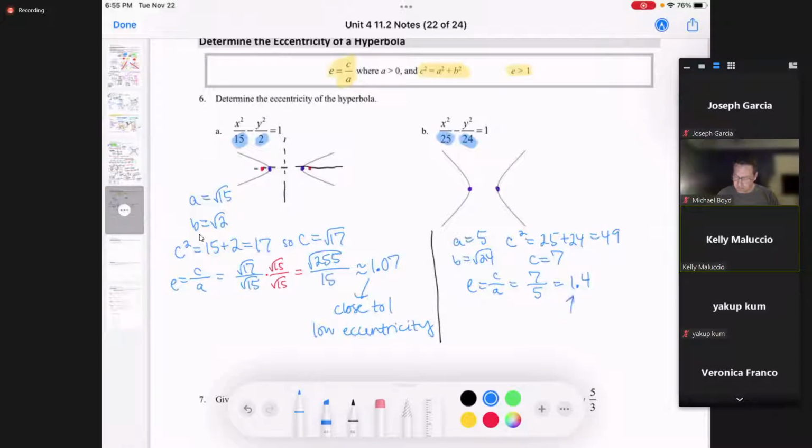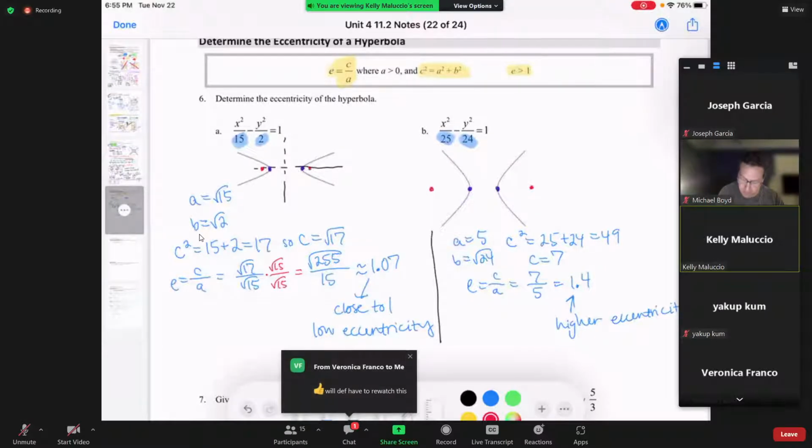So this we consider a higher eccentricity. And if you graphed the foci here, they would be further away from the vertices.